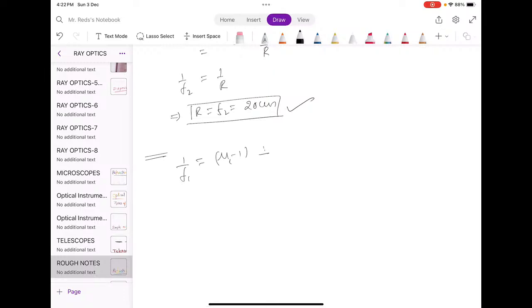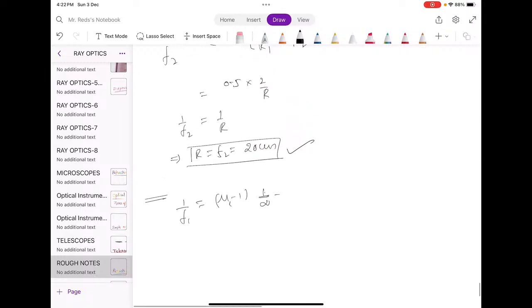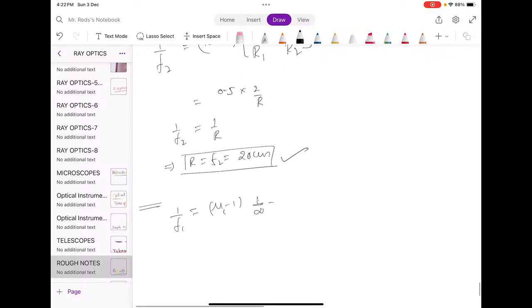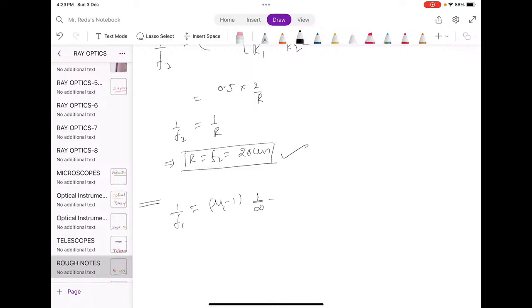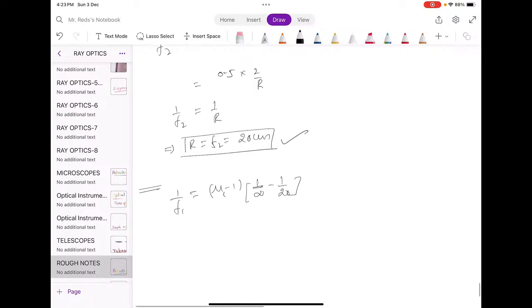1 by r1. The surface is a plane surface, so the radius of curvature should be infinity, minus for the other surface, the radius of curvature is plus 1 by 20 for the right side. So minus of plus is minus 1 by 20. On simplifying this, the refractive index of liquid is given as 1.6. On substitution you can write it as 1.6 minus 1 is 0.6 into minus 1 by 20 minus 1 by 20.